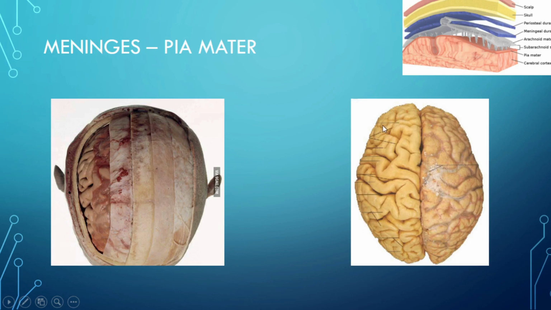And then on the left hemisphere of the brain here, the arachnoid layer has been removed, and we're now looking at the pia. But you can't really tell the difference between the pia and the cortex of the brain itself with the naked eye, because the pia follows the sulci and the gyri so very closely.